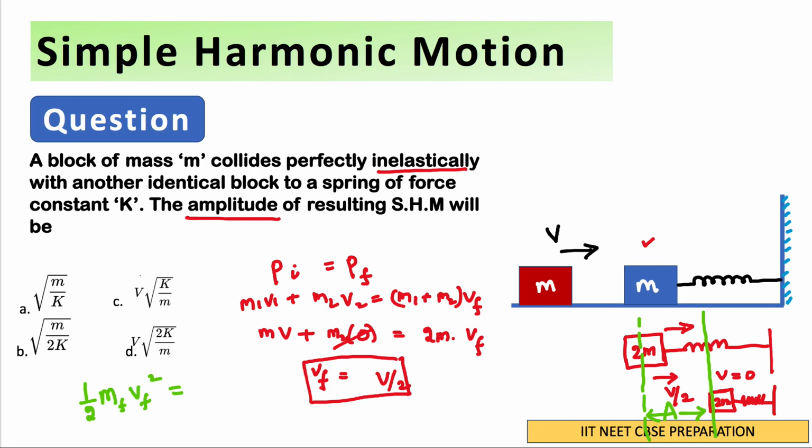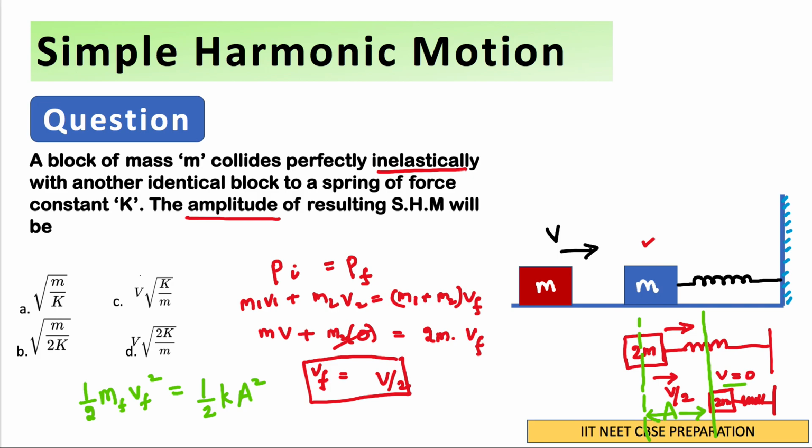This is the kinetic energy, and then all of it is converted, because the block is at rest when v is equal to 0, into the potential energy of the spring, which is half k a square. So this is the concept that we are using: we are conserving the energy.